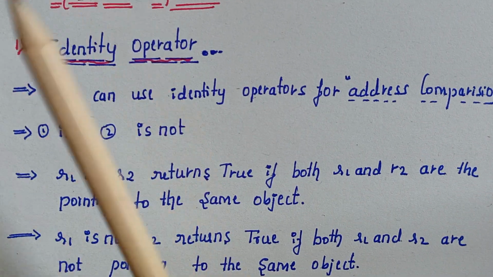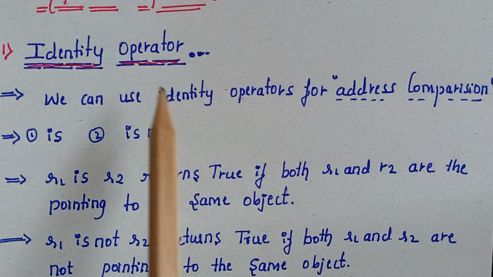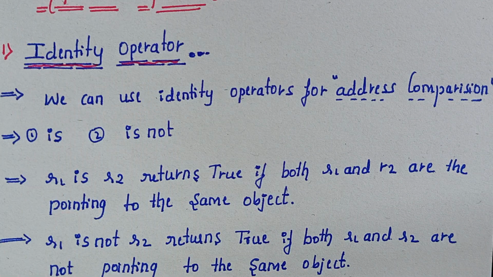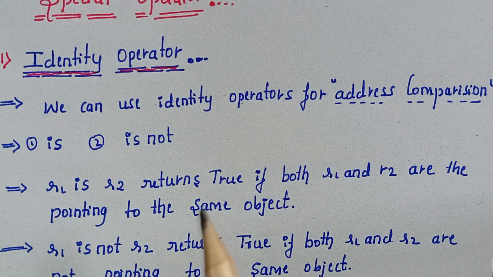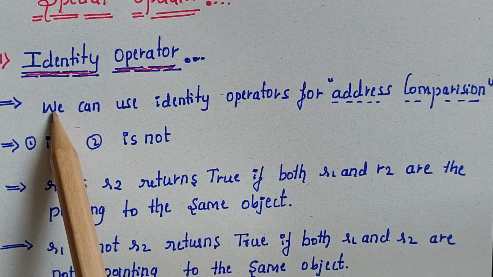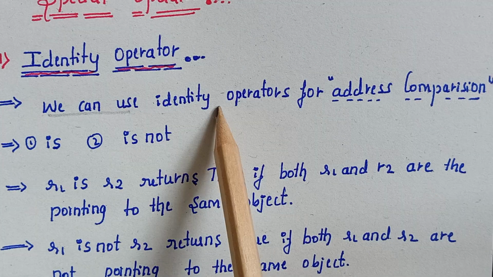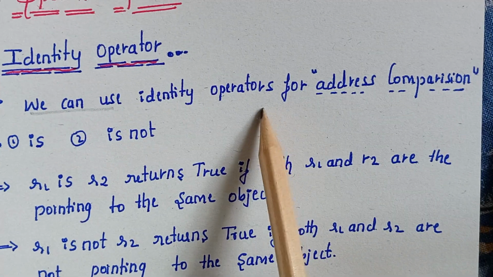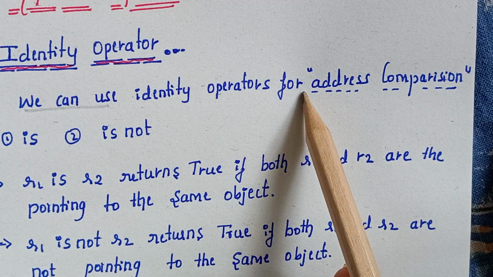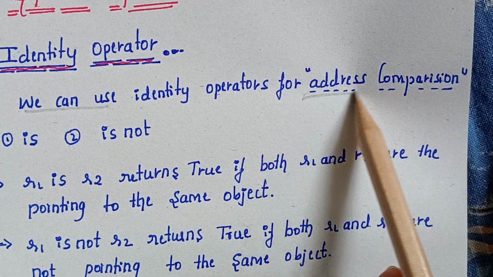So the first one is the identity operator. What is the meaning of identity? First we need to understand the basic definition of the identity operator, then you can easily understand. We use the identity operator for address comparison. What comparison? Address comparison.